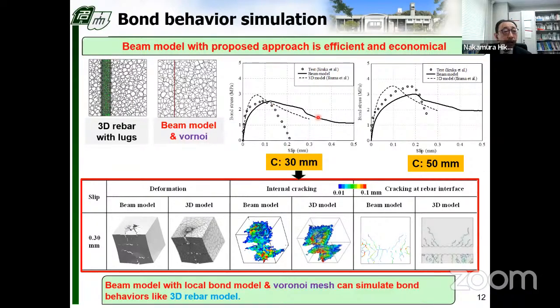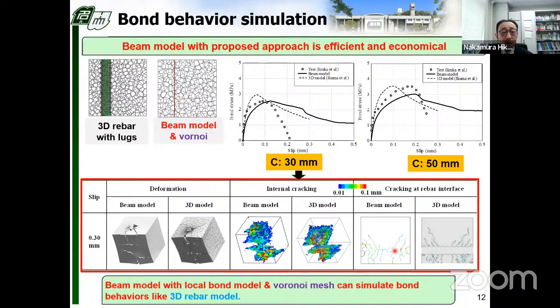Black is the beam model and the dashed line is the 3D model. It is confirmed that the beam model with local bond model and Voronoi mesh can simulate bond slip behavior with different cover thickness like the 3D rebar model.